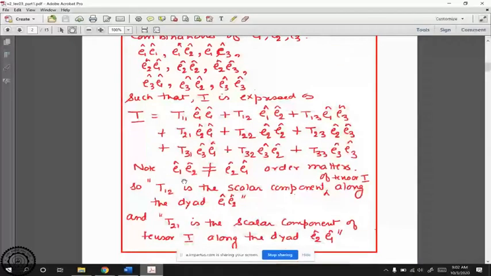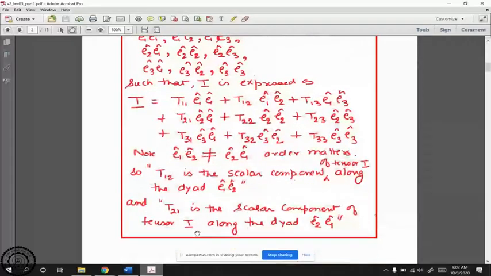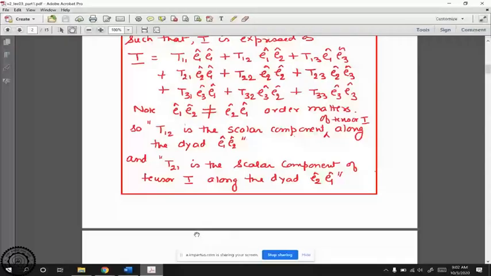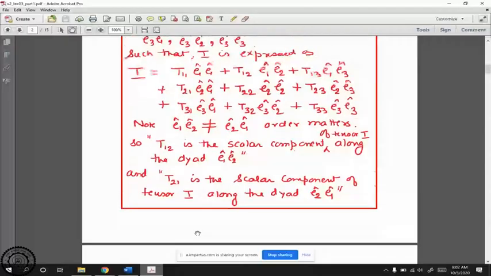As I said, E1, E2 is not equal to E2, E1. In words, T12 is the scalar component of tensor T along the dyad E1, E2. Similarly, T21 is the scalar component of tensor T along the dyad E2, E1. All right.